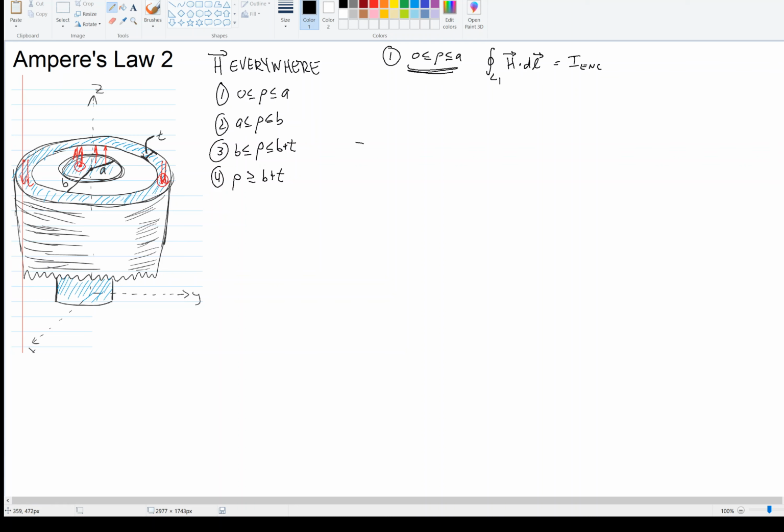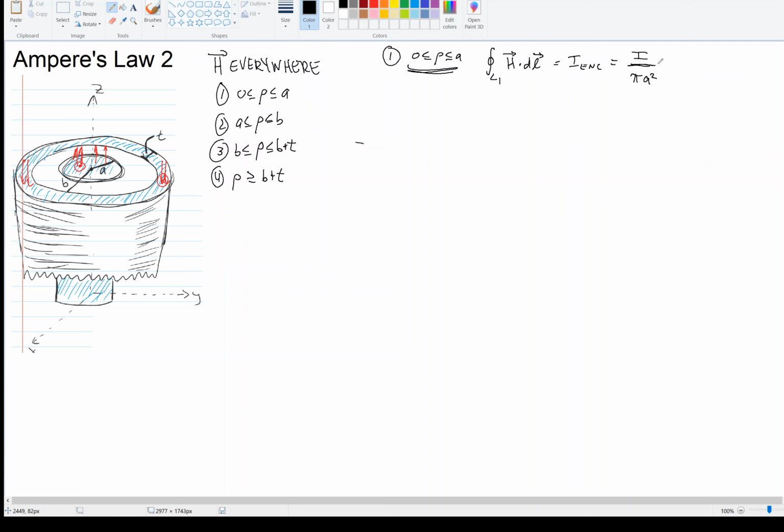And we're going to assume that current is uniformly distributed here. So our enclosed current, if it's uniformly distributed, well, what is that distribution? That would be the total current in the innermost cylinder, I, divided by pi a squared.